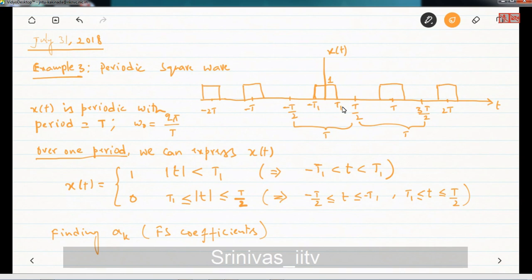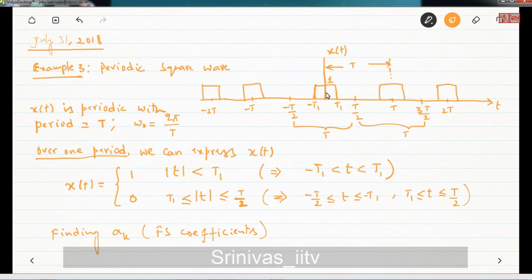So we can consider this duration as one period, or we can consider this also as one period. This is also duration T. So which one do you consider?